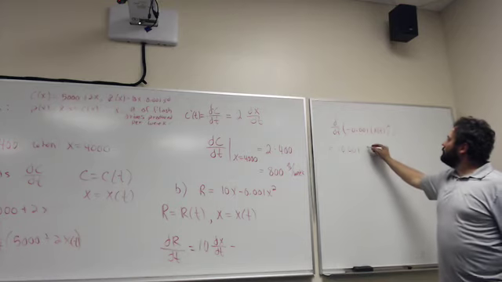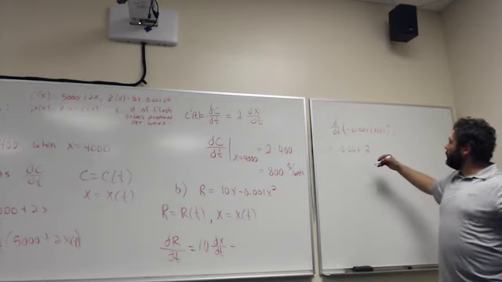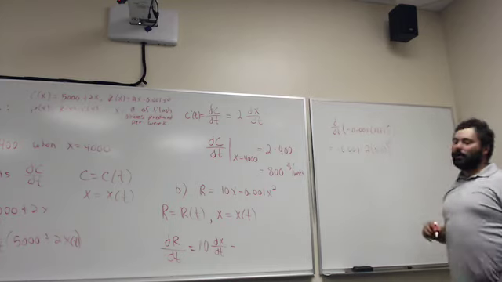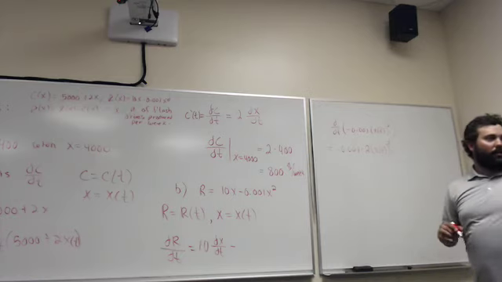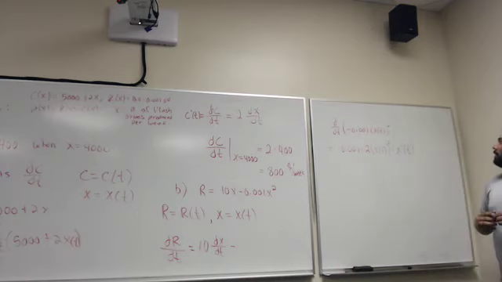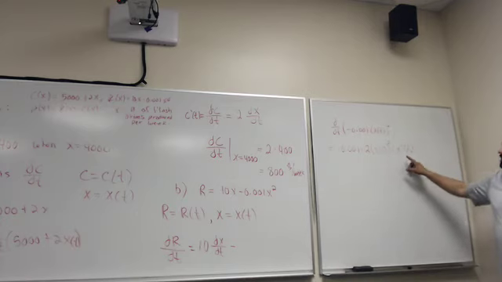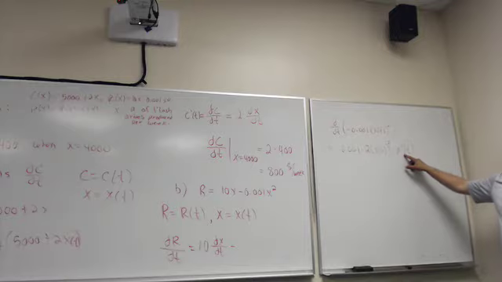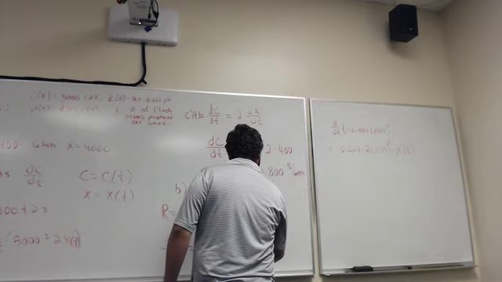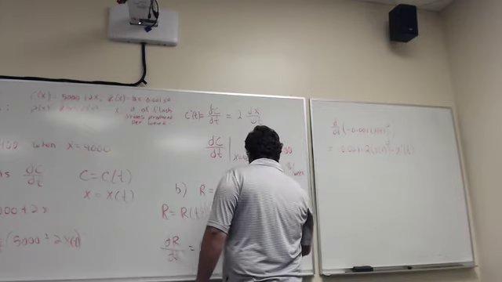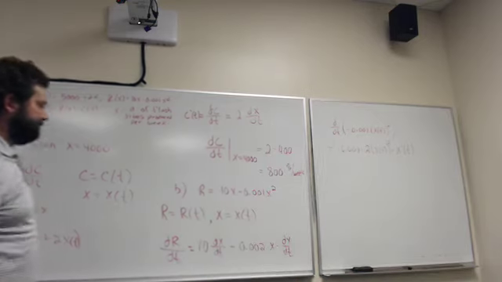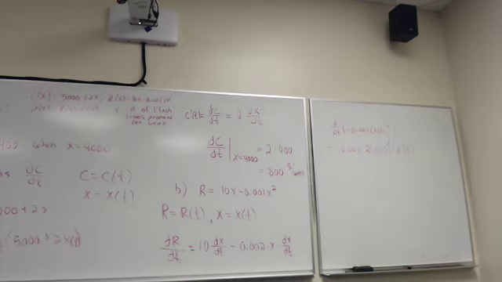Bring the power out, multiply by 2, reduce the power by 1, and the inside stays the same. But you always have to multiply by the derivative of the inside, which is x prime of t. Then just replace x of t with x, and x prime of t with dx/dt. So I have minus 0.002 times x times dx/dt, when I simplify that.